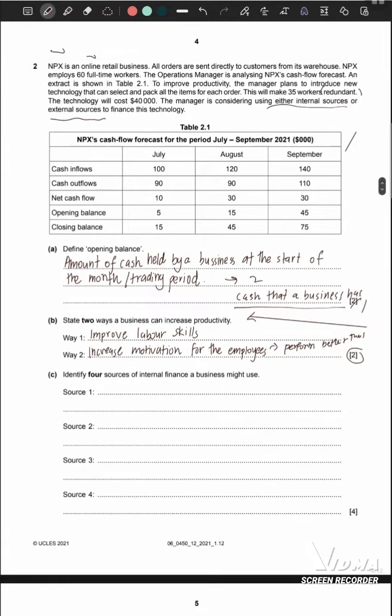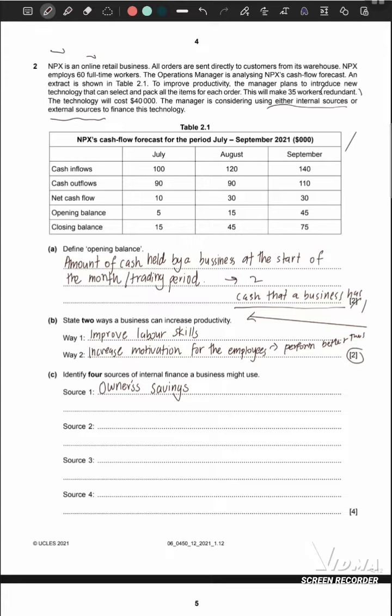So 4 sources of internal finance, maybe the owner's savings. Now for this you don't have to explain anything, so you just have to write the 4 sources that you think of.